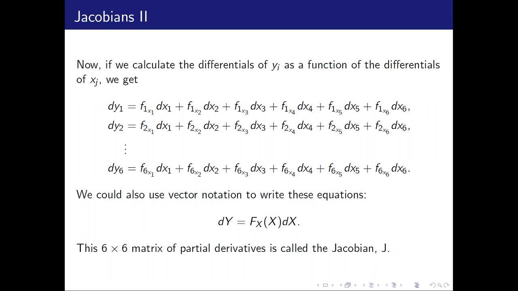Now we could also write this using our vector notation, and so on the left we've got a vector of all of the differentials of y being equal to the partial derivatives of f with respect to their corresponding independent variable times a vector of all of the corresponding differentials. So this 6x6 matrix of partial derivatives of F with respect to X is called the Jacobian, which is annotated using the letter J.